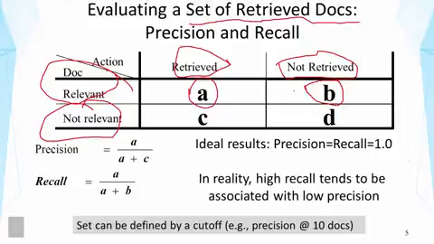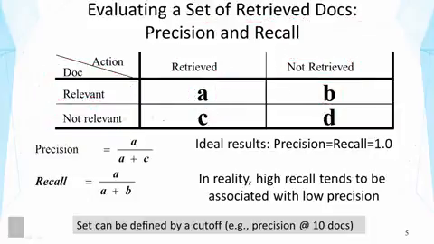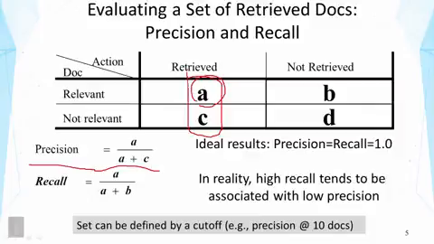Now with this table, then we can define precision as the ratio of the relevant retrieved documents A to the total number of retrieved documents. Right? So this is just A divided by the sum of A and C, by the sum of this column.